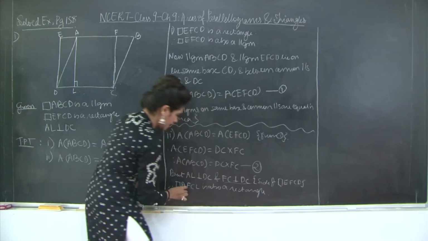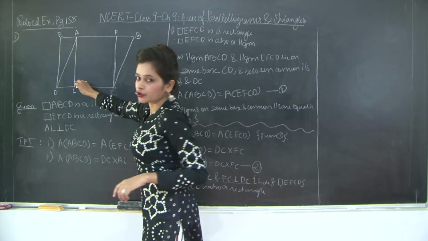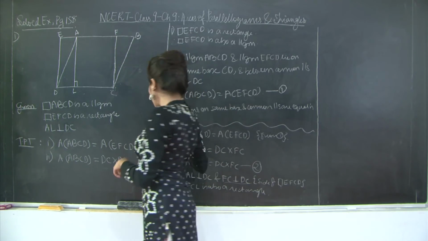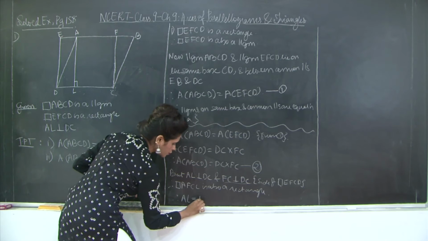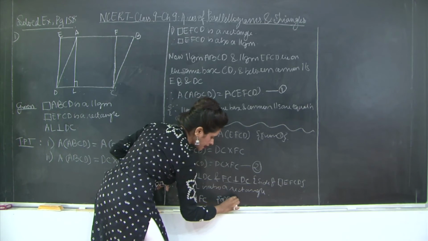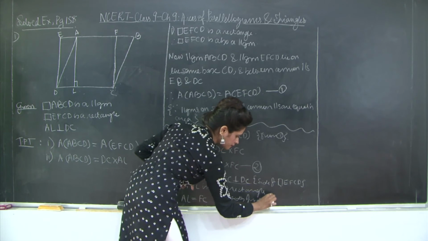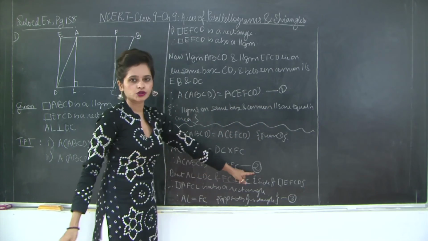Now since AFCL is also a rectangle, take a look at AFCL. You have the opposite sides AL and FC. So AL is going to be equal to FC. Therefore I will say AL is equal to FC, opposite sides of rectangle. I'll mark this as 3. So what do you get from 2 and 3?